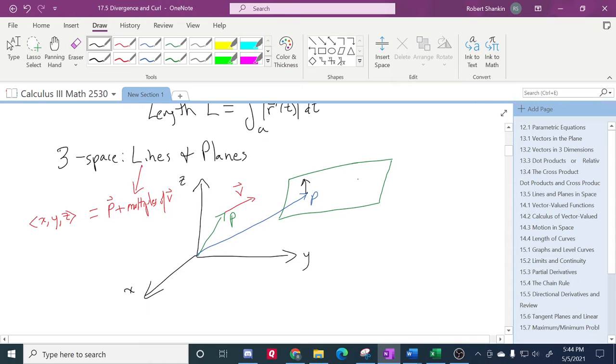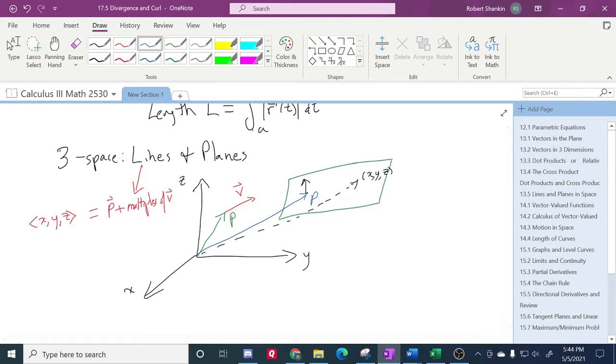So then we take a general point over here, x, y, z. That general point can also be thought of as a vector. This general point, x, y, z minus P, gives you a vector in the plane.